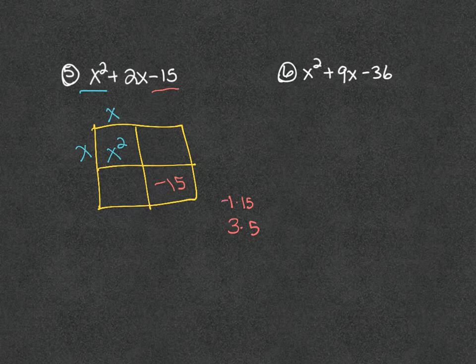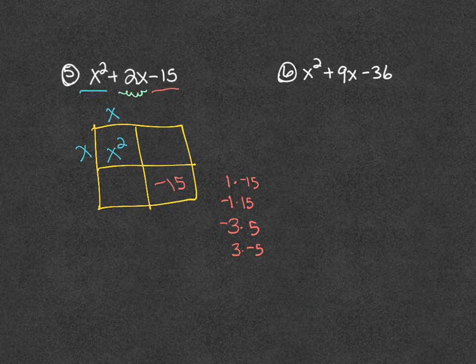It would either have to be negative 1 times positive 15, positive 1 times negative 15, negative 3 times 5, or 3 times a negative 5. So if I then look at my middle term, that's going to tell me how to select which one of these factors. I need the set of factors that when I add them together, I'm able to get a 2x.